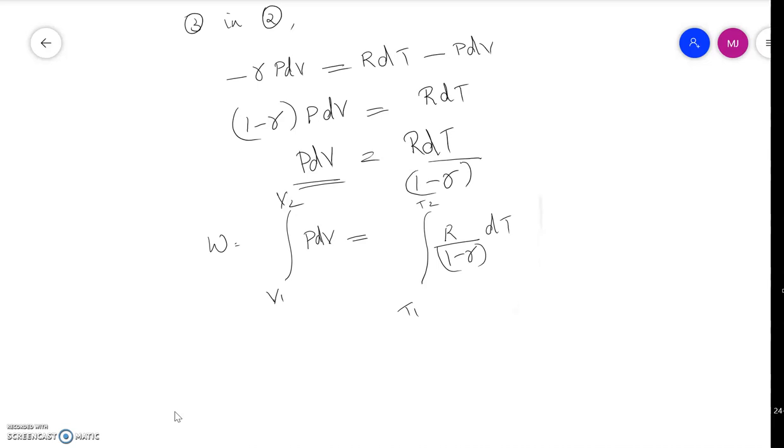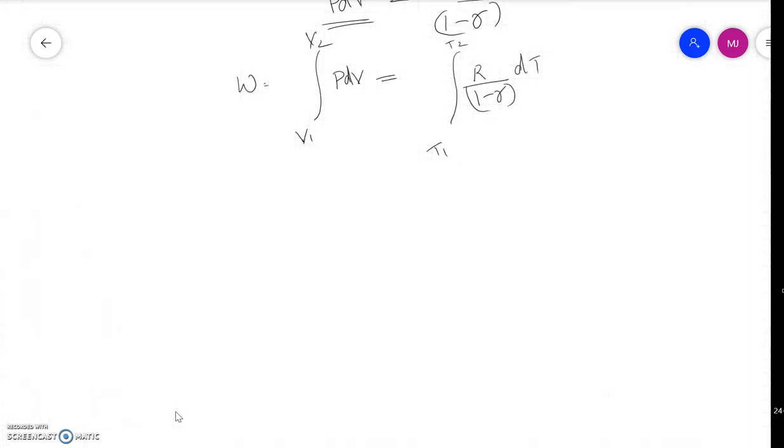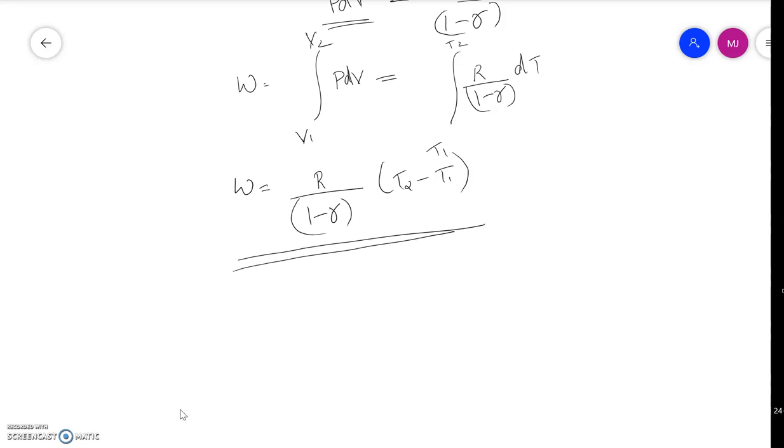So when you integrate it, what we will get is W, that will be equal to R by 1 minus gamma into T2 minus T1. This is one expression for the work done in an adiabatic reversible process.